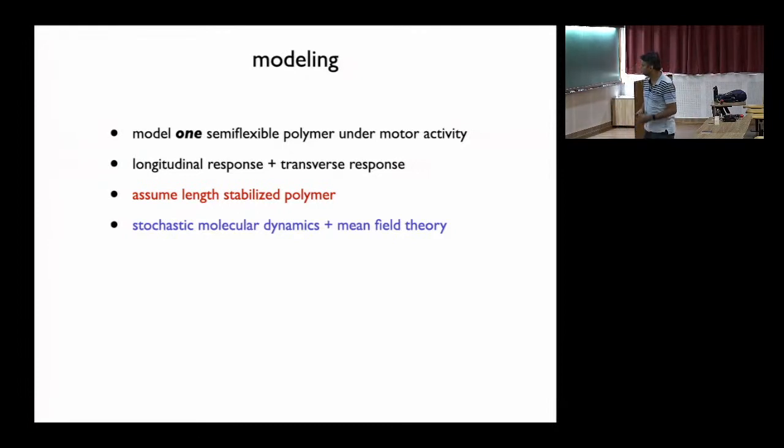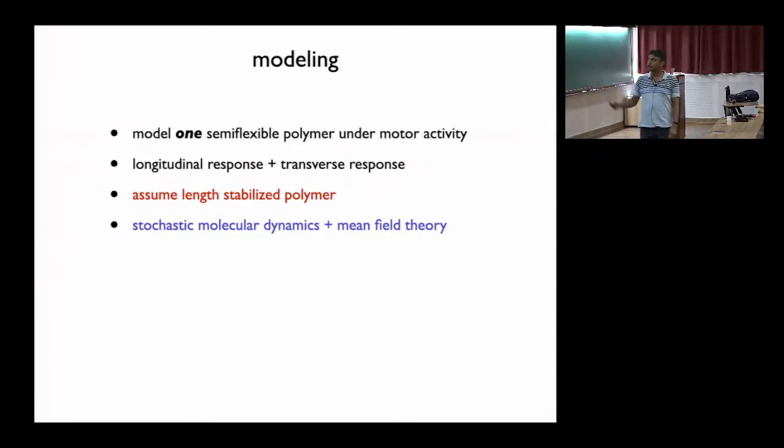So the first small thing one can do is to set up a physical model and try to understand if this emerges and if we can understand this phenomenon. So we model this filament as a semi-flexible polymer under some motor activity. We need a model for the semi-flexible polymer and motors.